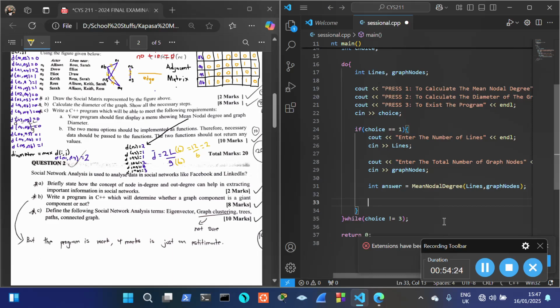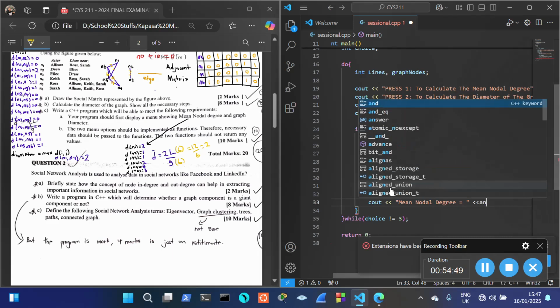For us to see the output, we need to say cout to print out that particular output. So what are we seeing out? We are going to say mean nodal degree is equal to what? The mean nodal degree in our case will be equal to the answer, because the answer will give us the mean nodal degree.